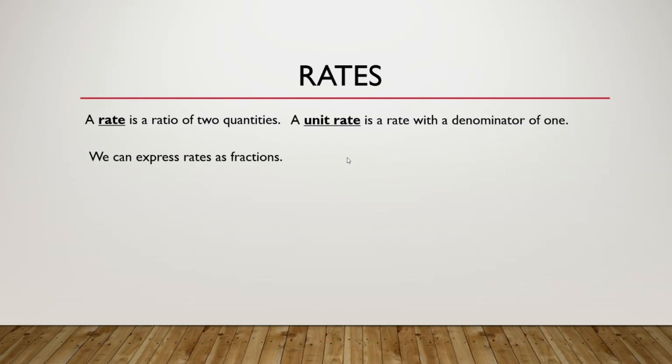For instance, when you're driving and you see a speed limit sign, right? The speed limit is 30 miles per hour. That's a rate. 30 miles per hour, that's a rate. When you have the per, that usually means a fraction.